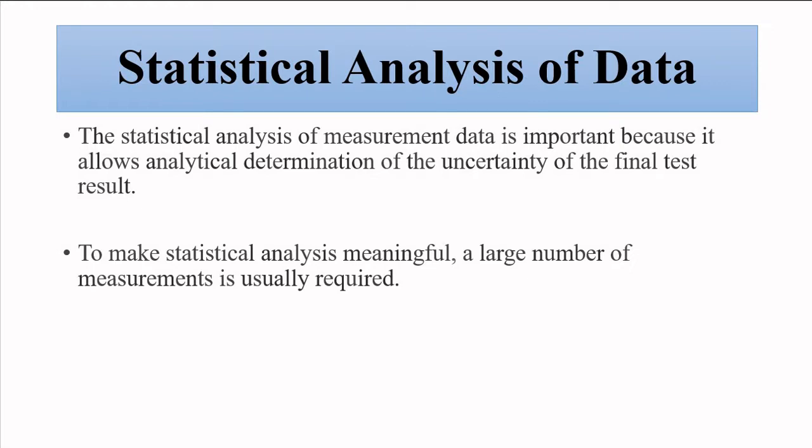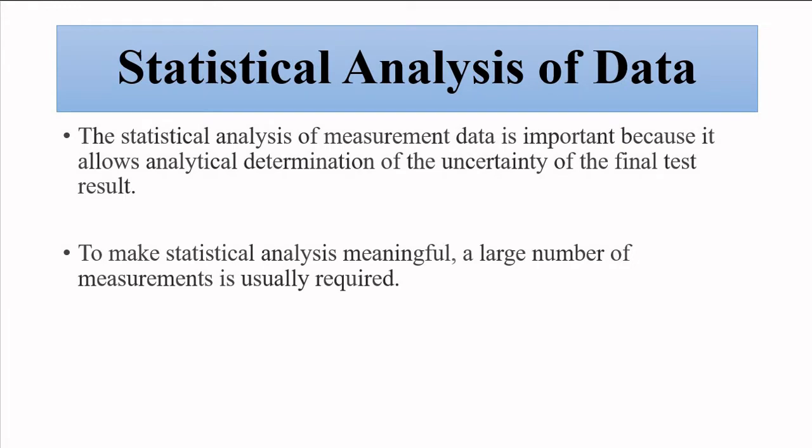So what is done is that we take a lot of readings. A large number of readings are taken. By large I mean it can be 10, it can be 20, it can be 30, it can be more than that, 50, like that, depending on the requirement. And then we perform a lot of statistical analysis on those data.